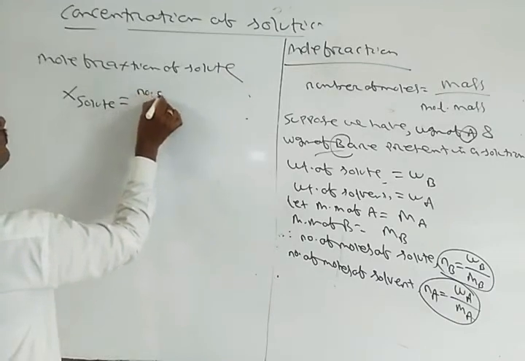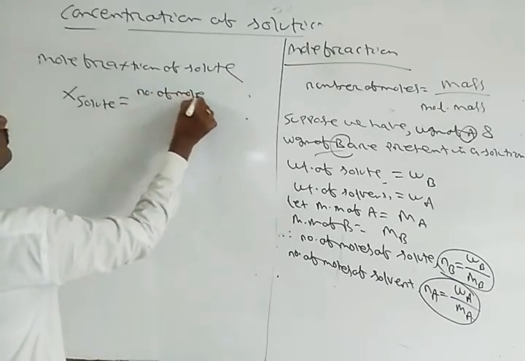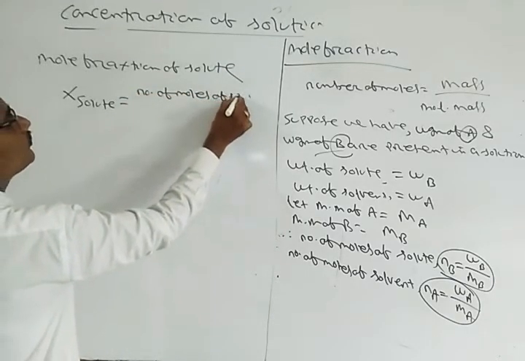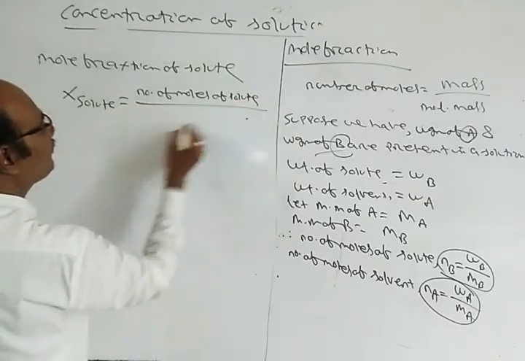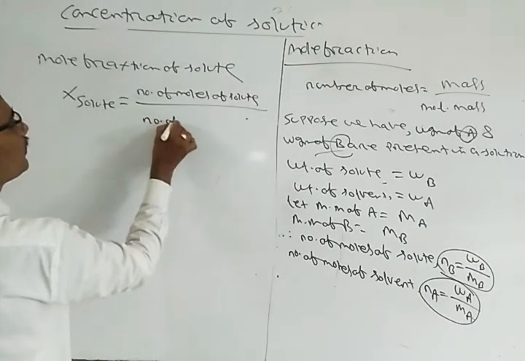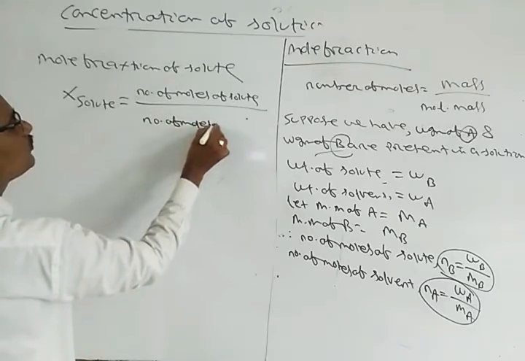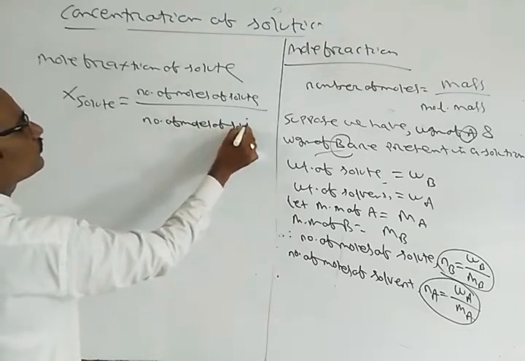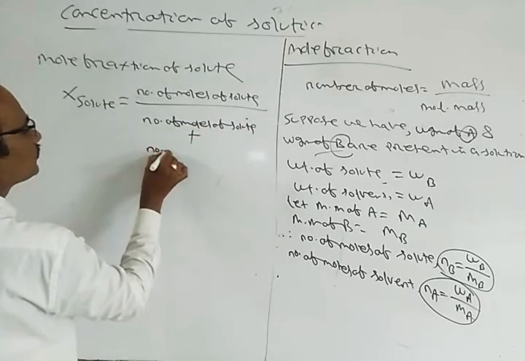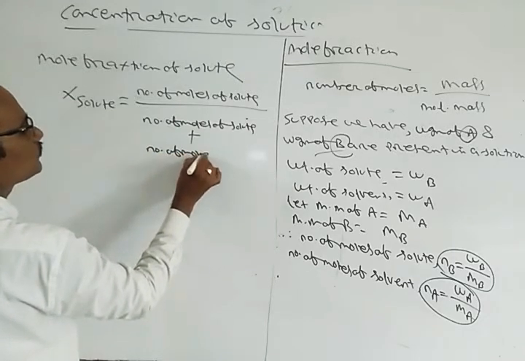Number of moles of solute divided by number of moles of solute plus number of moles of solvent.